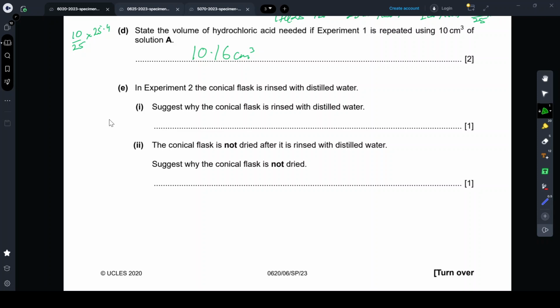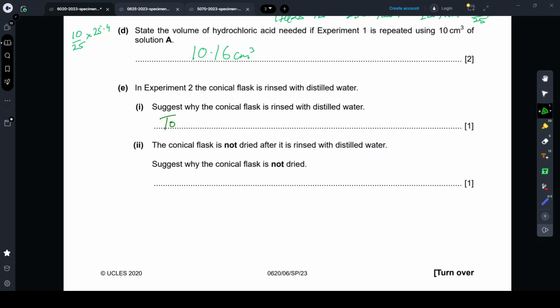So you said stuff left over from experiment 1. That would be correct. Saying impurities won't apply over here because you're not using a new conical flask.